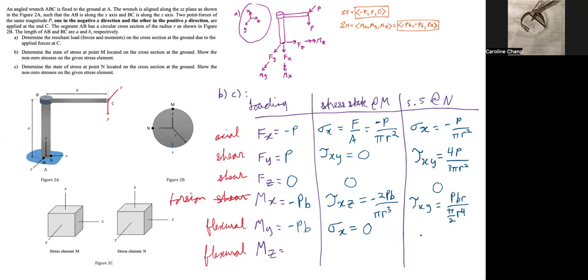So what about the stress element at n? Sigma x will be given by the same equation, which is M sub y times z over I, but whether it's negative or positive will be given by observing how the beam bends. So we observe that it bends like this.